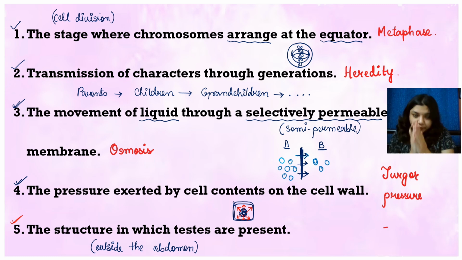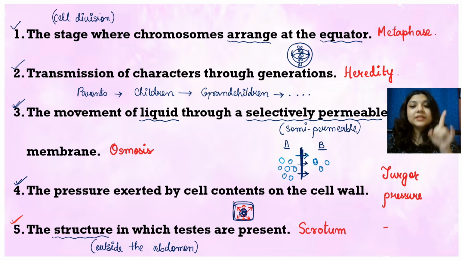Because the temperature needed for sperm formation, spermatogenesis, is around 2 to 3 degrees centigrade lower than the body temperature. Hence the testes are well protected in a sac-like structure outside the body. What is the name of that structure? It is known as the scrotum, or if you have also written the scrotal sac, then you have gotten the correct answer.